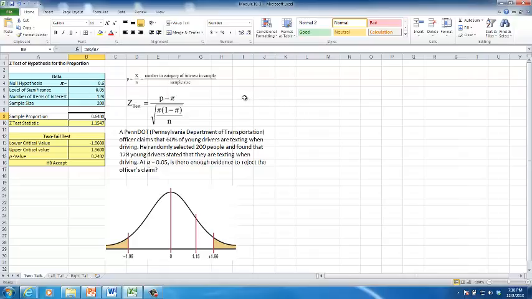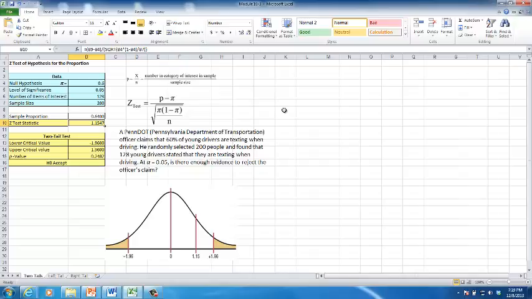So 64% of the sample say they text when they drive, and the officer's claim was 60%, so 64% minus 60%, B9 minus B4, divided by SQRT of 60%, which is B4, times 1 minus B4, 1 minus 60%, divided by sample size, B7.